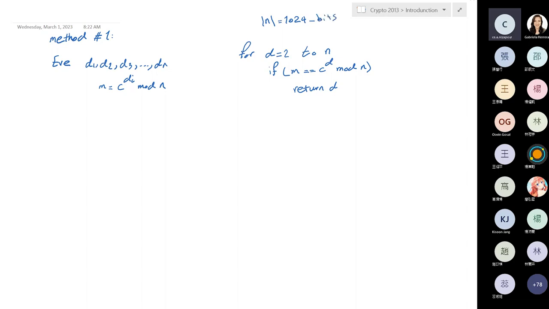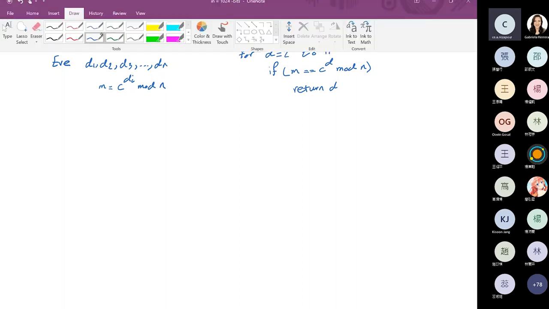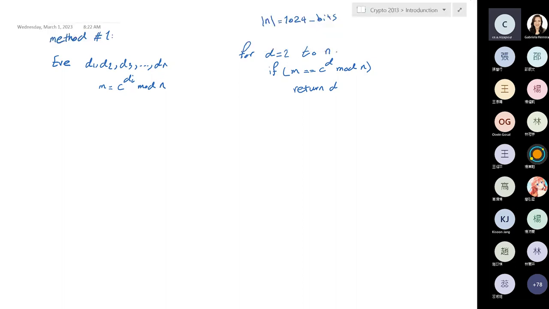So if I look at n in a binary format, I can represent n with 1,024 bits. So this is the number that we have. Now looking into this algorithm, given that n is such a long number, the value of n with that many bits can be at most 2 to the power 1,024 minus 1.